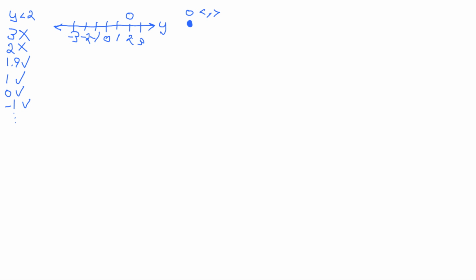It means that 2, the number that I'm putting the dot over, is not included in the values that satisfy the inequality. Conversely, the closed dot is used for less than or equal to, greater than or equal to, where the value under the dot does satisfy the inequality. If I were to say y is less than or equal to 2, then 2 does satisfy the inequality. We would shade that in, and I'll show that in a second.